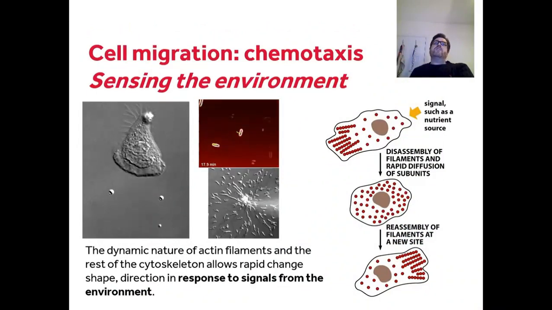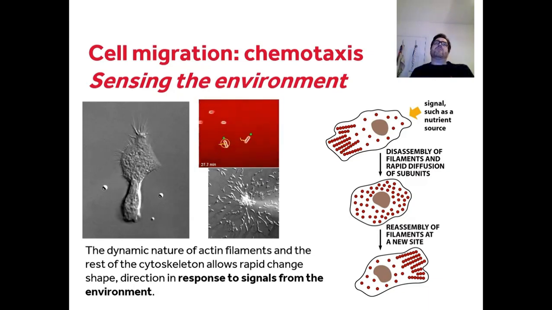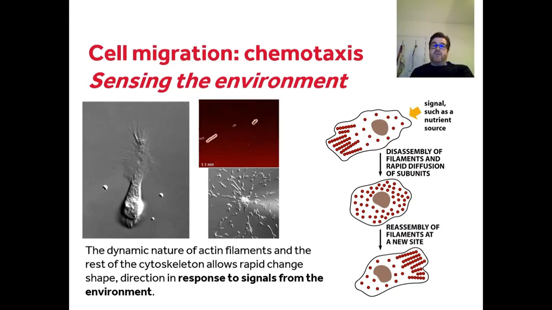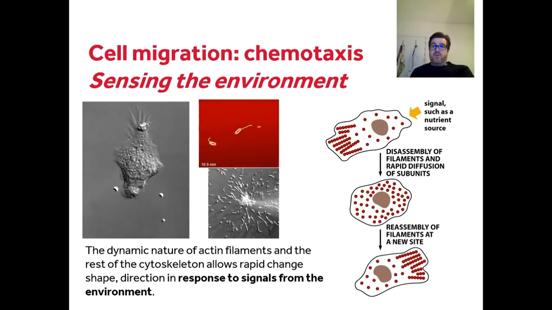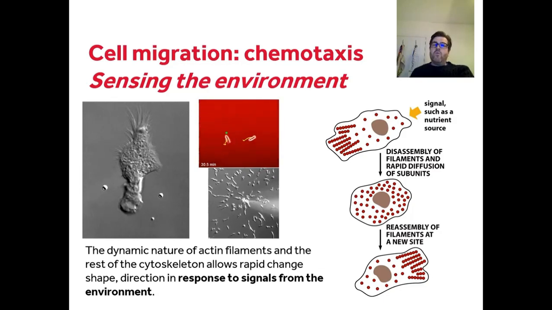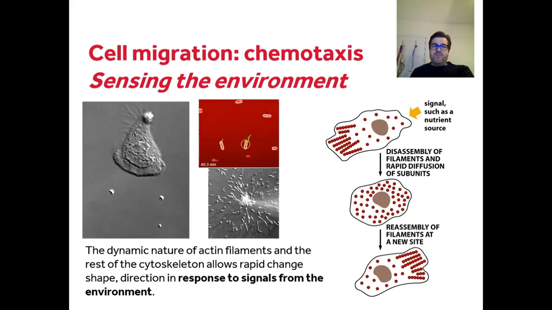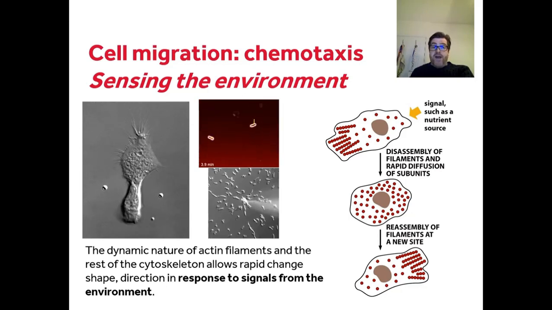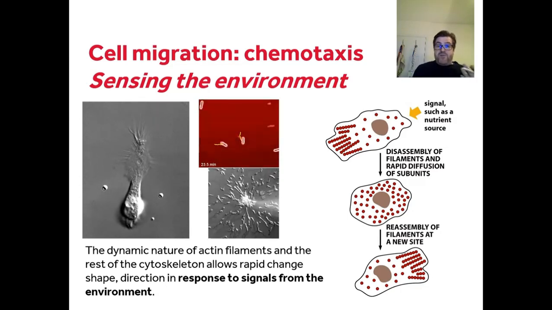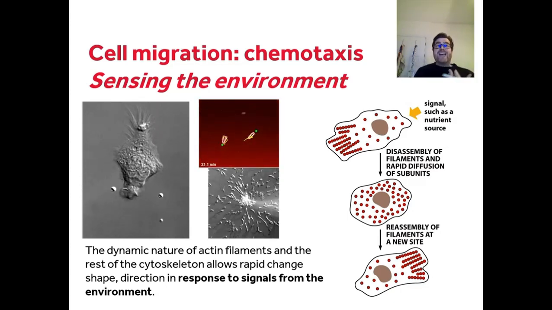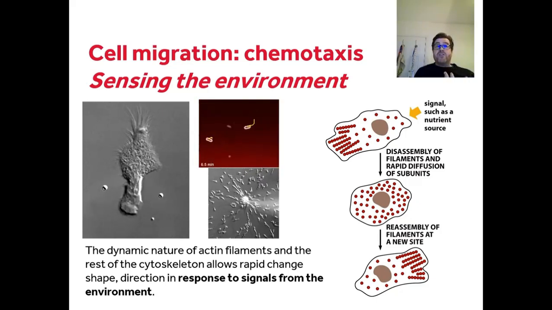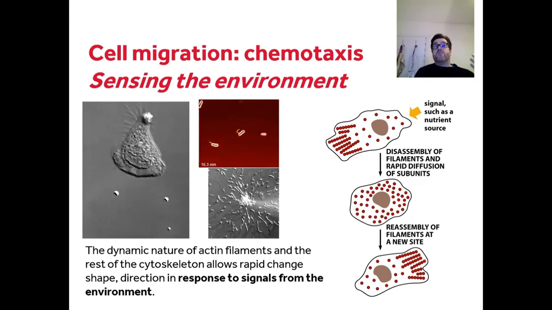So another important idea of cell migration is what we call chemotaxis. So chemo is a chemical and taxis is movement. So here what we're talking about is cells sensing the environment. So again, the actin filaments primarily here and the cytoskeleton allow rapid changes in shape and direction in response to signals from the environment.